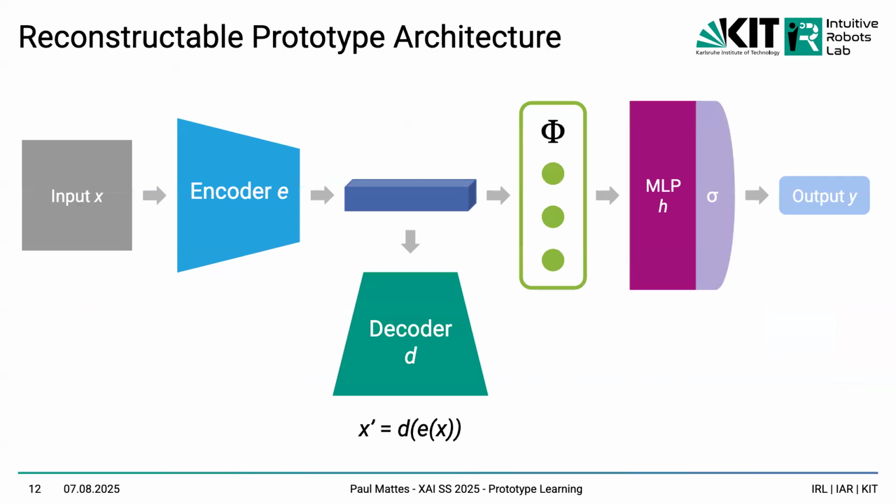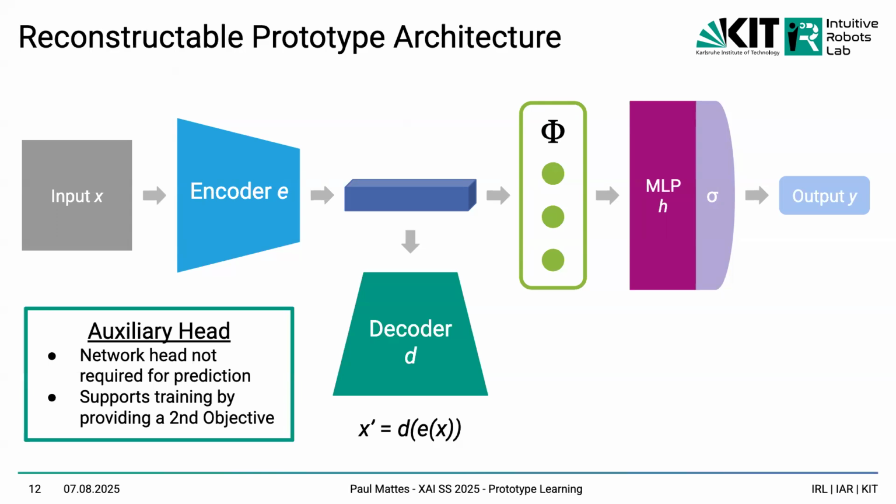Because now we can say, instead of just learning the different prototypes, we now also want to decode our latent space. So this means we encode the image, we do something with our prototypes, and additionally, we try to decode the image. And then hopefully, we can see, okay, whatever the latent space learned is maybe one of the prototypes.